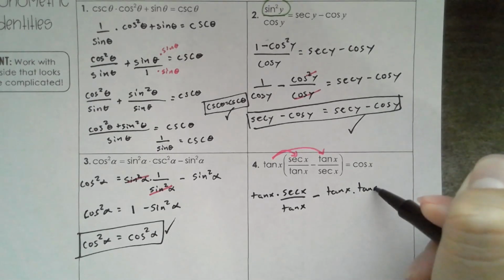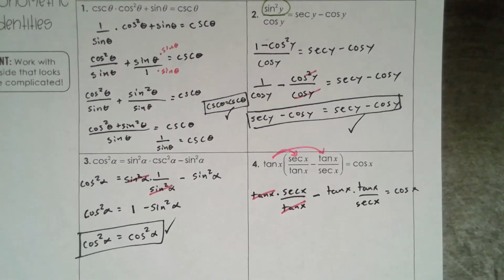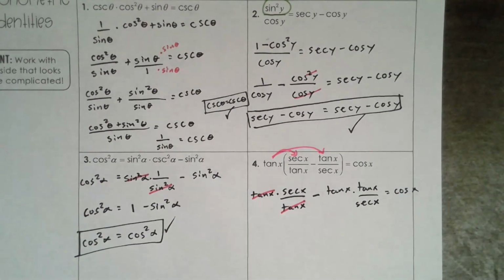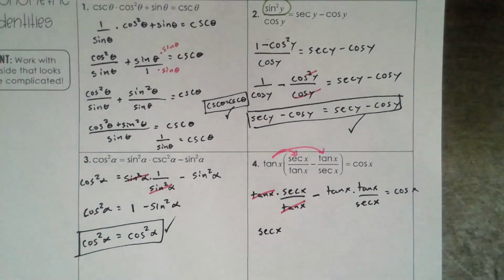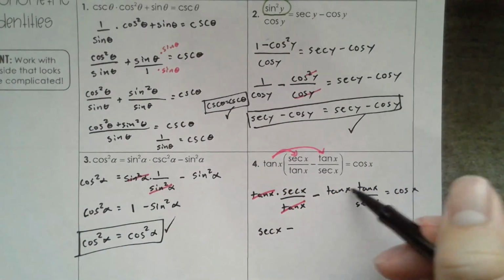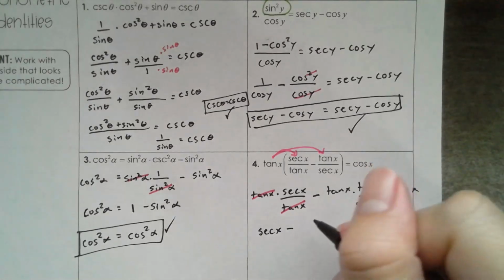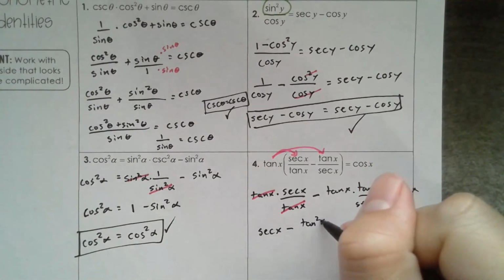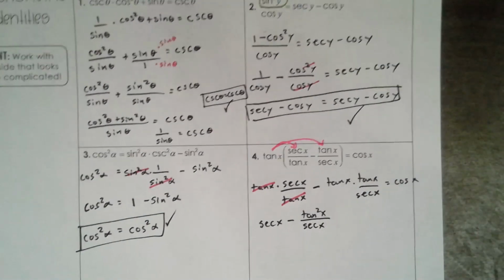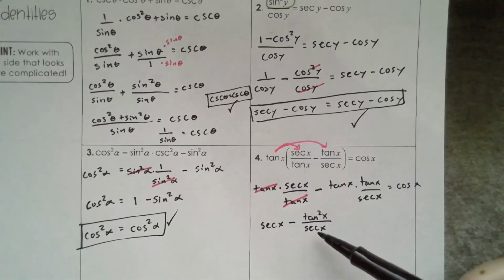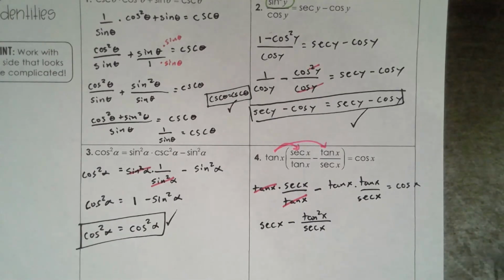For this first fraction, these guys are going to cancel. So then I'm left with just secant x minus tangent squared x over secant x, that should equal cosine x. You could probably hear the freeway and I apologize if you can hear the cars out there.